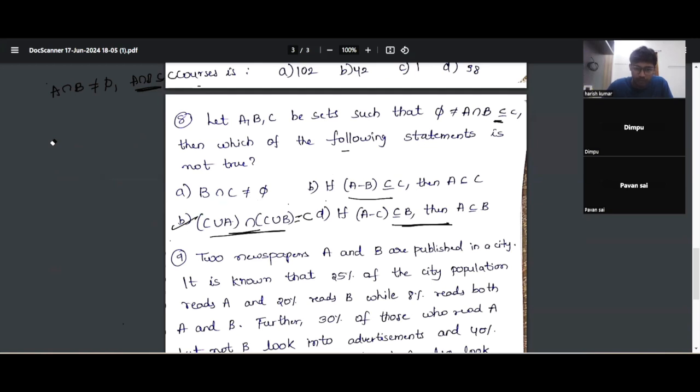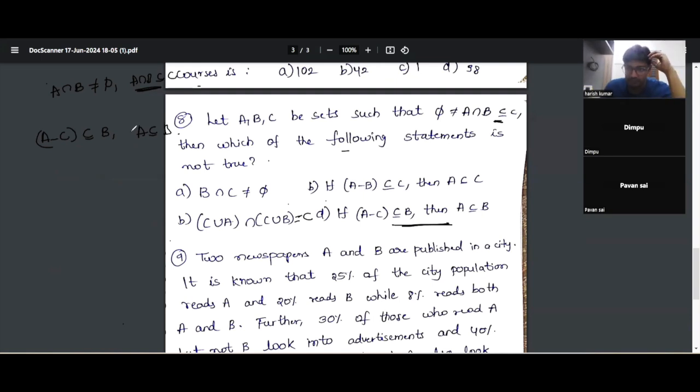So what will this be? The last statement that he is saying is: if A minus C is a subset of B, then A is a subset of B, right? This is the fourth statement. Now, how do I check this statement?